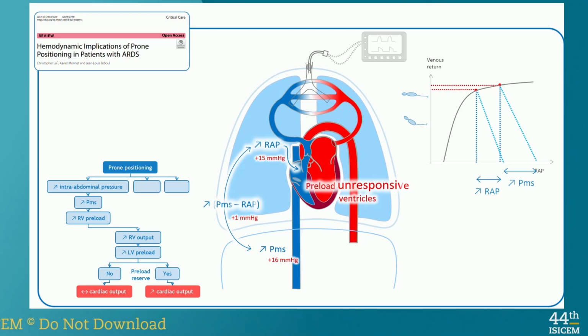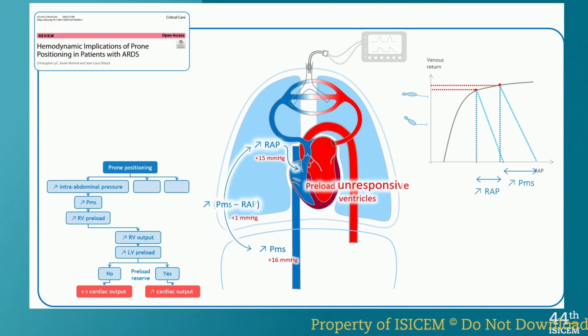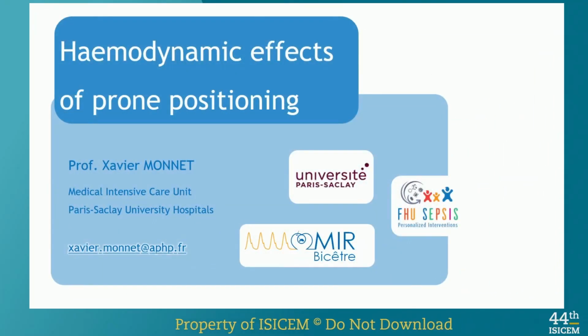It's not transformed into blood flow. The right atrial pressure increases more, to the same extent as the mean systemic pressure. The pressure gradient increases less or non-significantly. And again, this is due to the slope, to the flat part of the Frank-Starling curve, exactly like during fluid infusion. And that may be my first message.